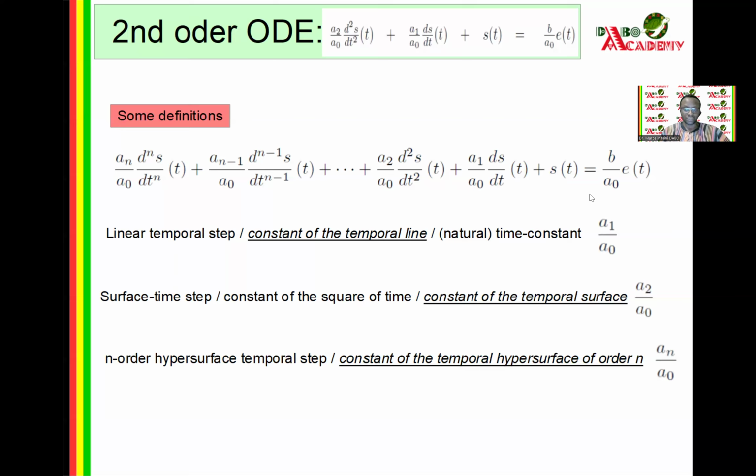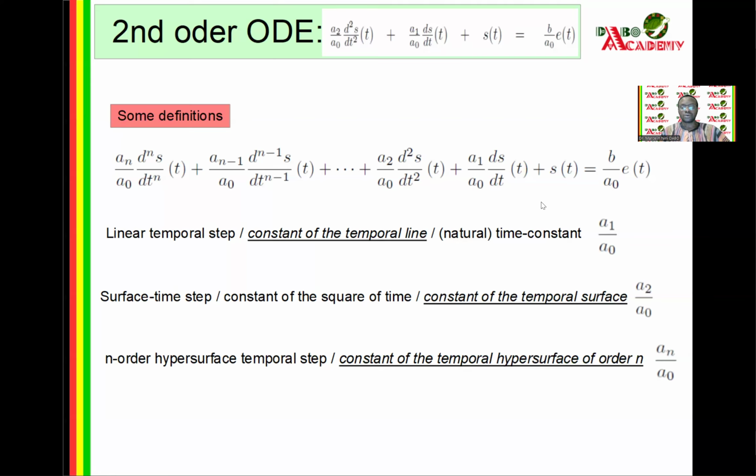So the only remaining expression will be s of t equal b over a0 times e of t. And then if you divide s of t, the output, by the input, you will get a constant. And as there are no more variations, the system is now moving statically. This is why we talk about the static gain that you have here.